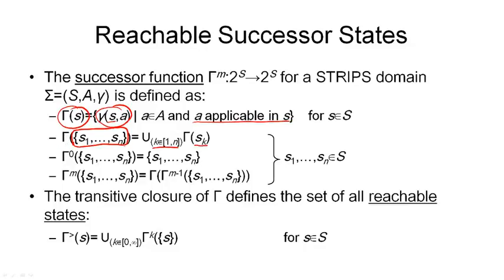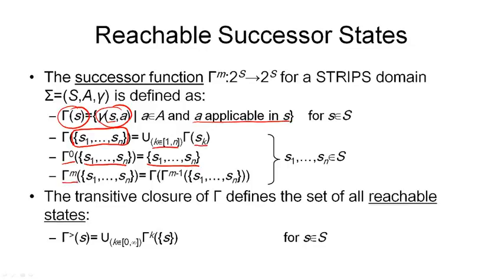This gives us the states that are reachable from any of those states that are the input to the function in one step. We can make this definition yet more general by naming the number of steps we want to allow. In the simplest case, we have gamma 0, which means we allow 0 steps. So if we're in any of these states s1 through sn and want to compute the states that we can be in after 0 steps, well, that's exactly the states we start in. If we don't do anything, we can't go to any other states.